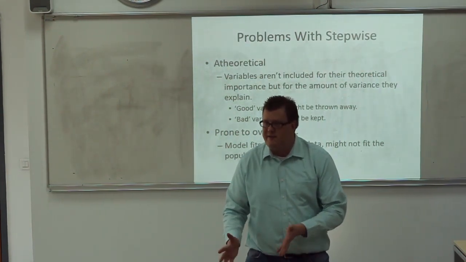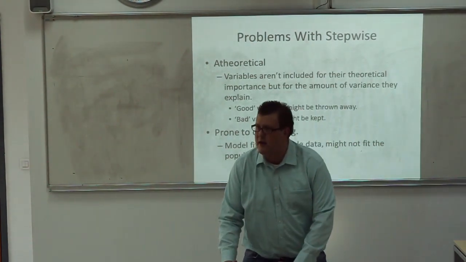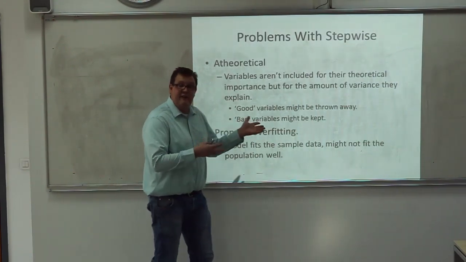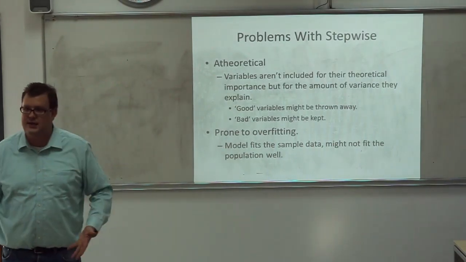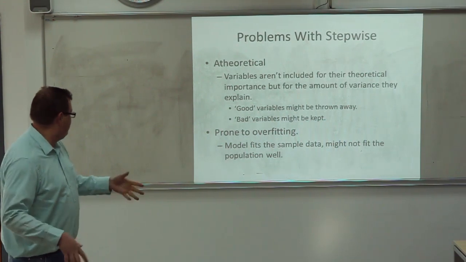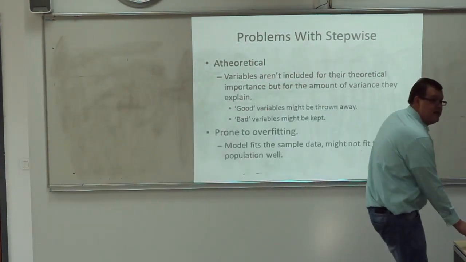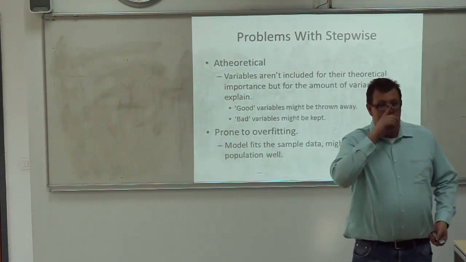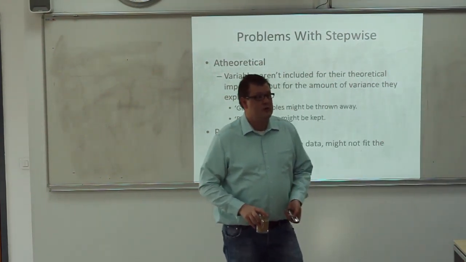Because your sample is finite, and you don't have all of the population available, some things are statistically significant due to alpha error. They really don't explain anything, it's just an accident. The stepwise regression can include that even though it shouldn't be included. If you had more data, you wouldn't include it. So you could be making predictions based on flukes.